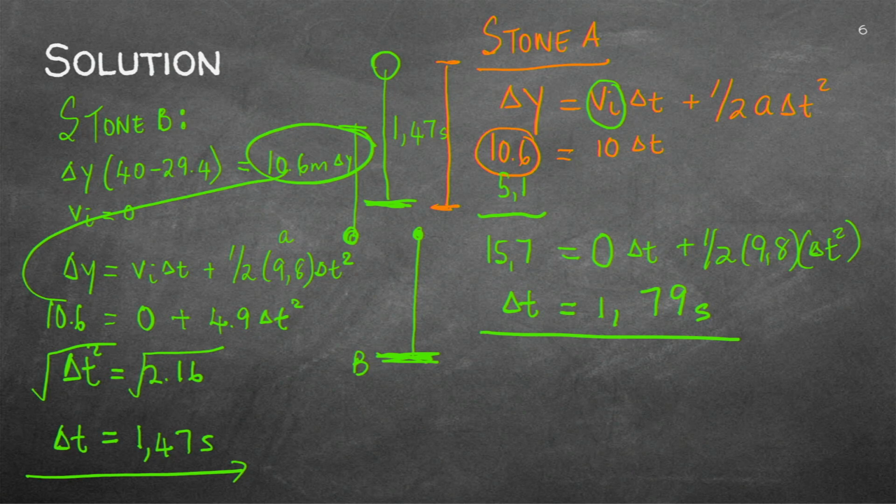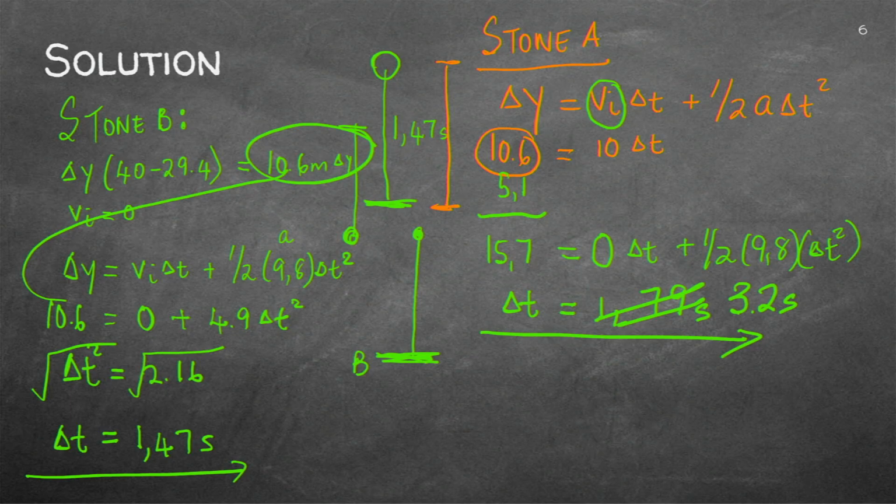So you get that value, and I just want to check my calculations. I've got the wrong answer here. Sorry, guys. This is 3.2 seconds. So it took 3.2 seconds for stone A to reach the ground.